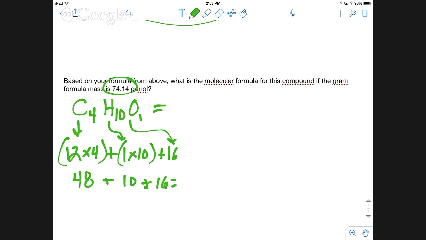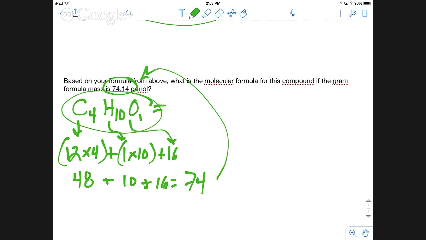So we got 48 plus 10 plus 16, which is 74. So what that means is that this thing weighs 74 grams, which is pretty much what I need. So that means that is the molecular formula. Well, that was a lot easier than I wanted it to be.